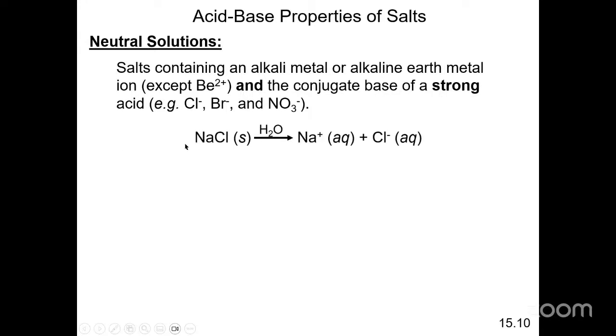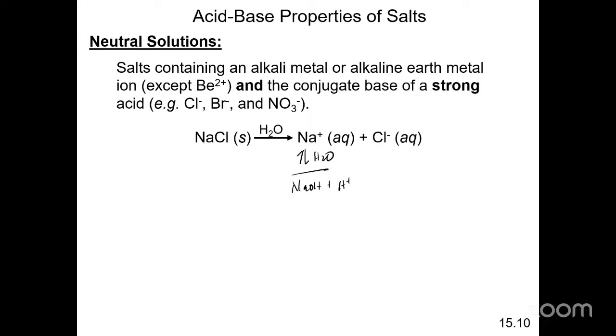Now, here's the example of sodium chloride. Sodium chloride, when added to water, will dissociate to form sodium and chloride ions. Whenever we try to find out whether or not a salt is acidic or basic, what we do is look at the interaction of the ions with water and see if it's feasible. If sodium were to interact with water, you'd end up with sodium hydroxide and H+.